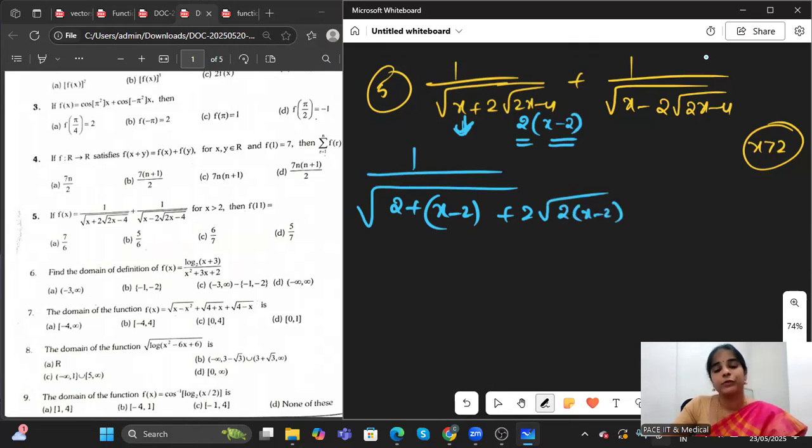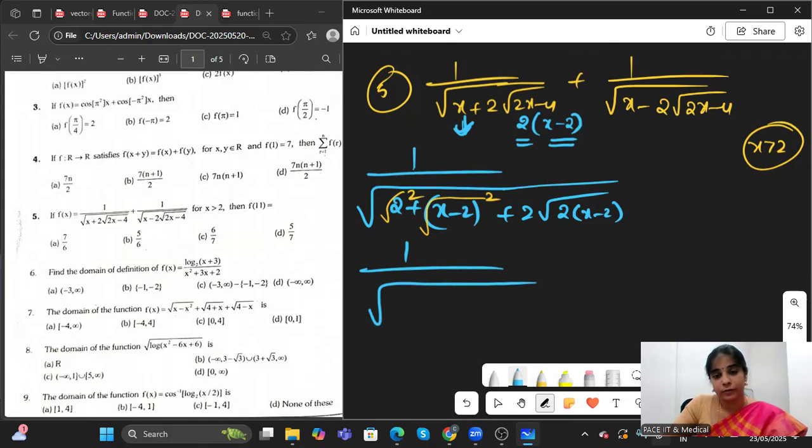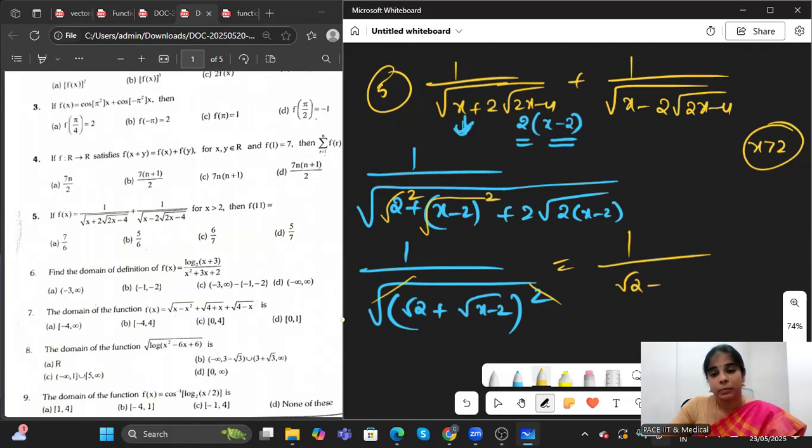So what did we infer from this? Does it look like a square plus b square plus 2ab? It might look like it, but it is a square plus b square plus 2ab, right? So now the question changes to 1 by under root of (a plus b) whole square, and this gets cancelled. I am left with 1 by root 2 plus root x minus 2, right?